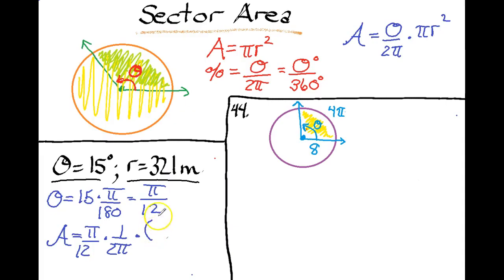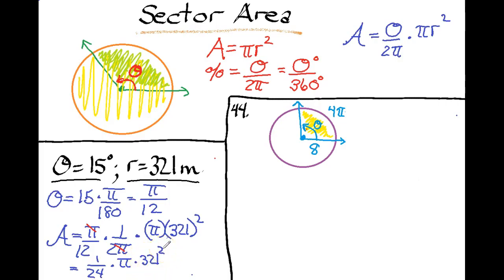So we're going to say pi r squared, times pi times 321 squared. So if we do this calculation, you can see that our pi's cancel out here, and we end up with 1 over 24 times pi times 321 squared.